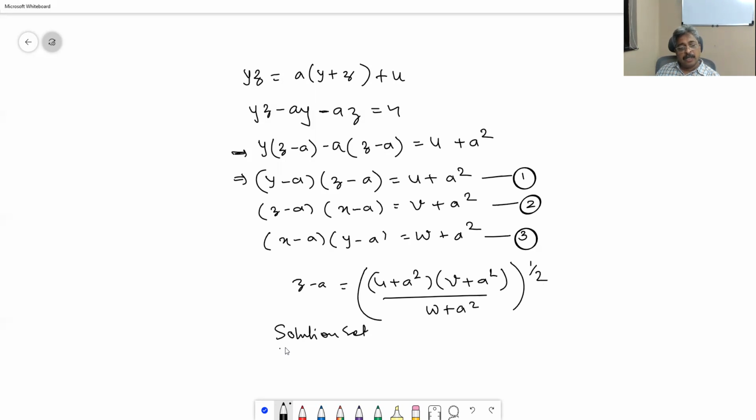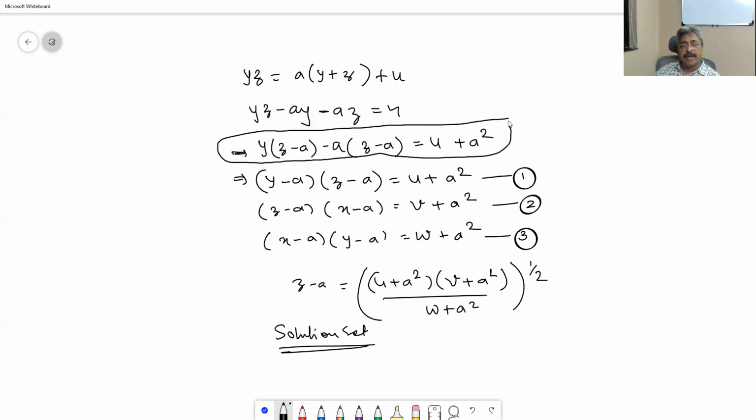Did you understand? Therefore, what is most important is this step: adding a square to both sides of the equality. It makes the given expression on the LHS into factorized form.